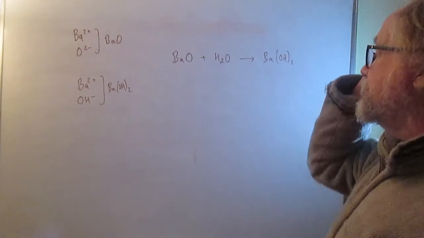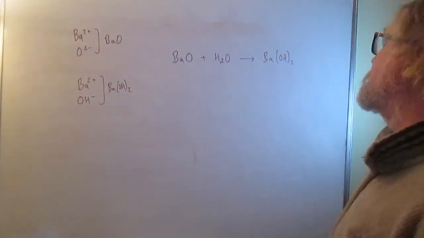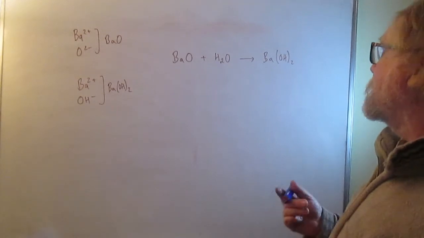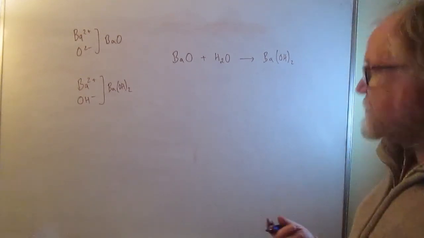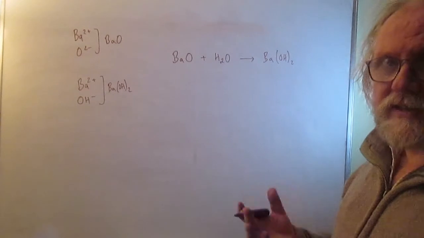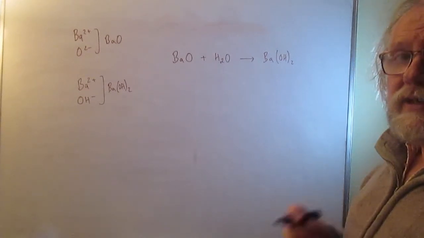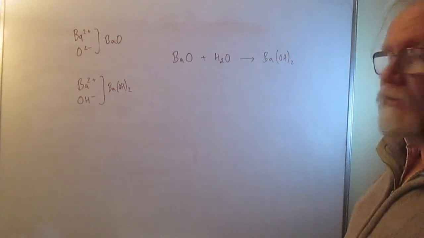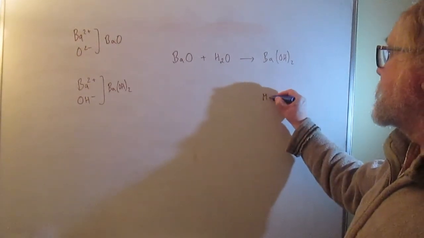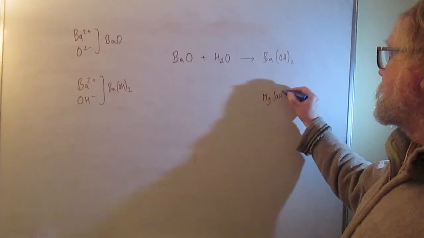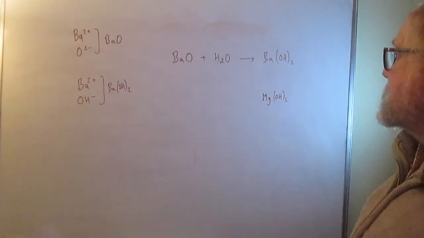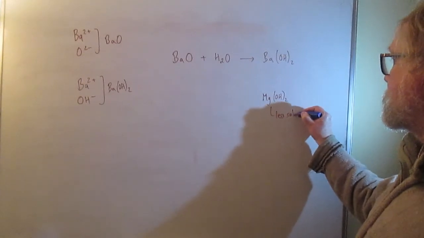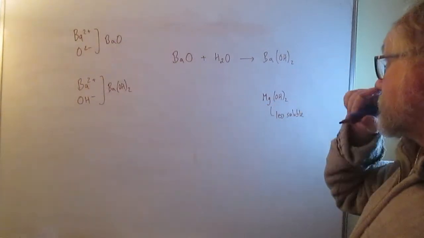And then it wants to know, if we were to do the same thing with magnesium oxide, what difference it would make. Now the point is that hydroxides, group 2 hydroxides, have limited solubility, and you need to learn the trend, which is that they become more soluble as you go down the group. So Mg(OH)2, with magnesium being higher in the group, is going to be less soluble than barium hydroxide.